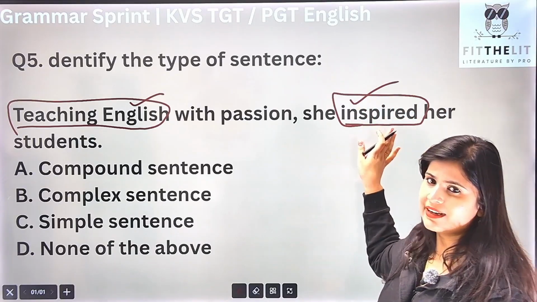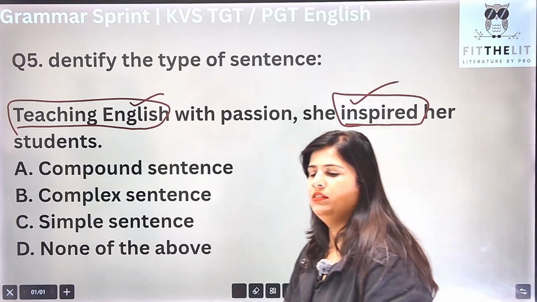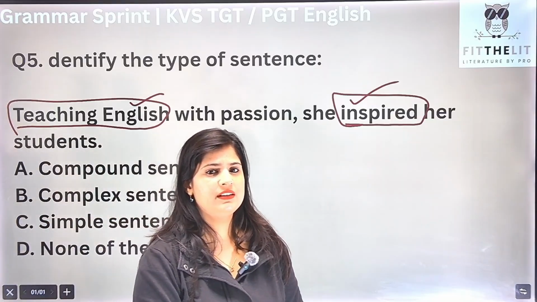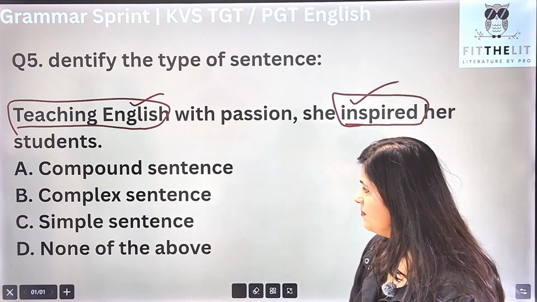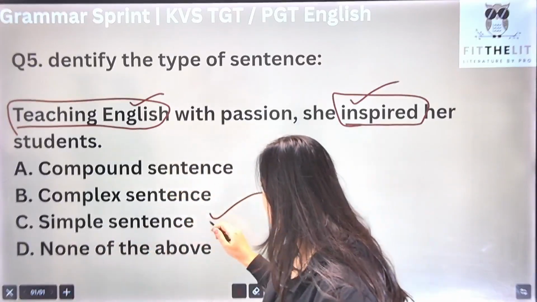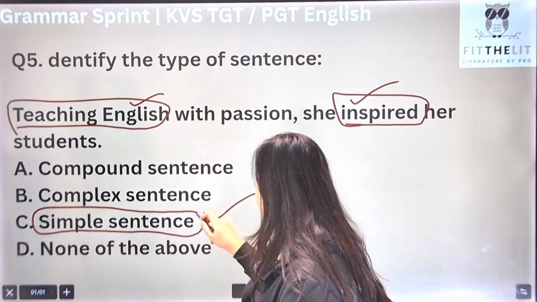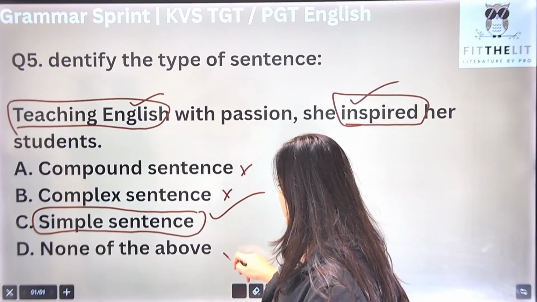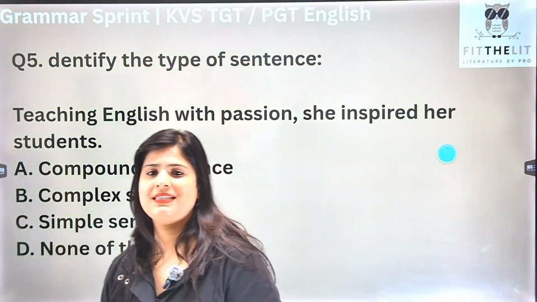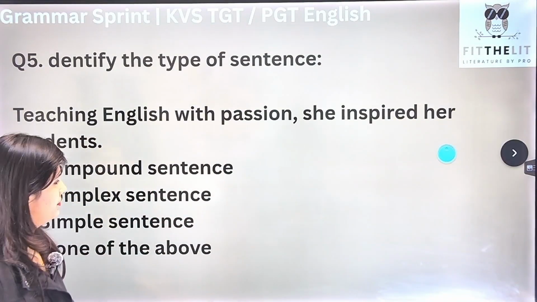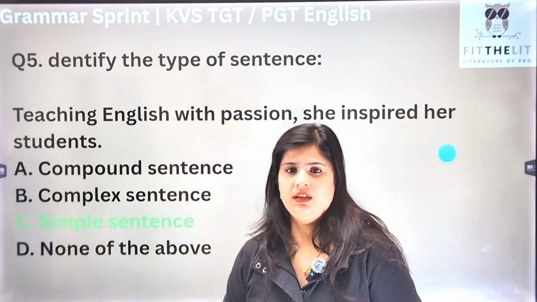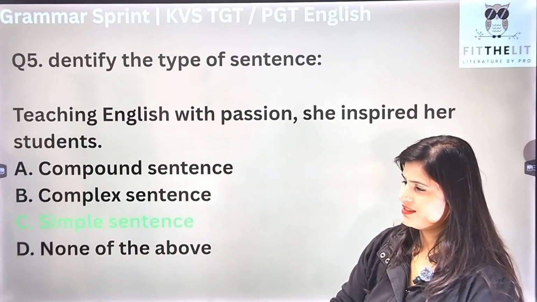Only one, that is the verb inspire. तो हमारा एक ही finite verb है, and definitely it is going to be a simple sentence. So option C is the correct one. Compound नहीं है, complex नहीं है, none of the above नहीं है, only option C. Simple. Let us try to cross verify whether we have chosen the correct option. Yes, we have chosen the correct option. It is a simple sentence.